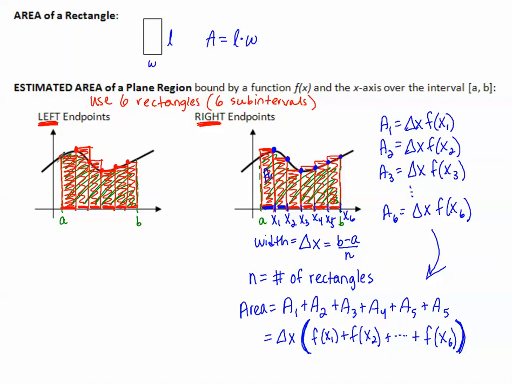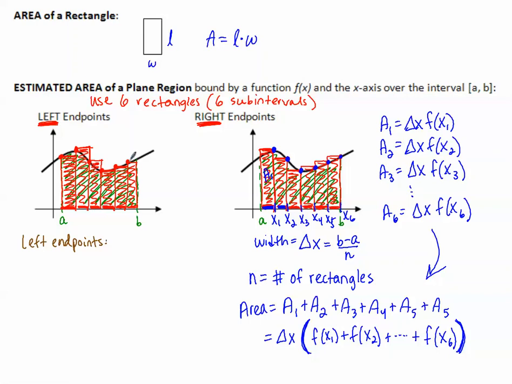So let's look at the picture when we do left endpoints. So with the left endpoints, when is it that the rectangles are going to overestimate? Here's an underestimate. Here's an overestimate. Here's an overestimate still. Now it's an underestimate, slightly under, but still under, under, under.